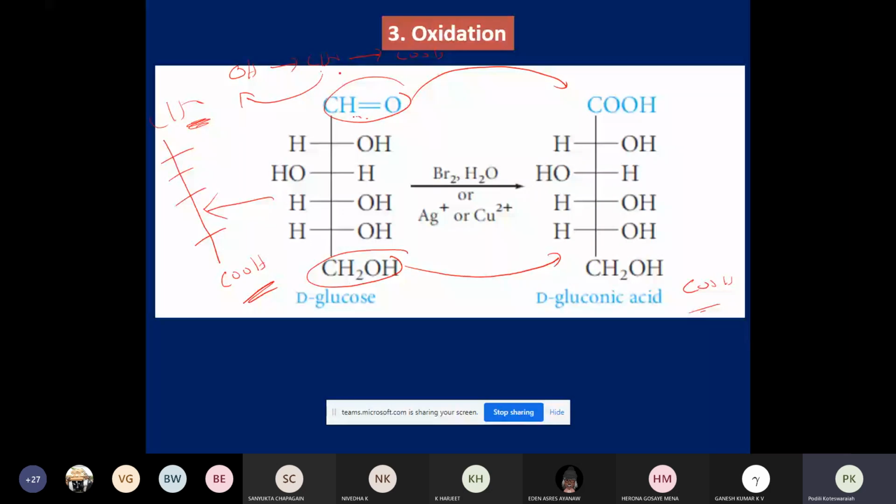So here, in the presence of mild oxidizing agents, only the aldehyde group undergoes oxidation to carboxylic acid.